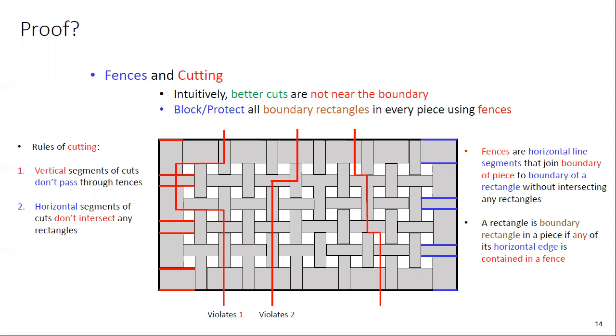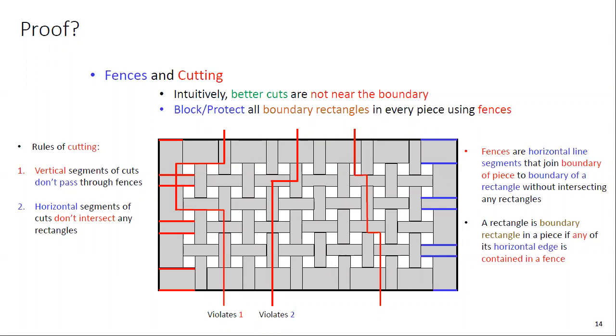For instance, this second cut violates that rule because this part is cutting this rectangle, and this we don't want. What we want is something like this, that cuts in the middle and for which only the vertical parts may intersect some rectangle. The horizontal parts will not cut anyone. So those are my two rules that I want to maintain while doing my recursive cutting.